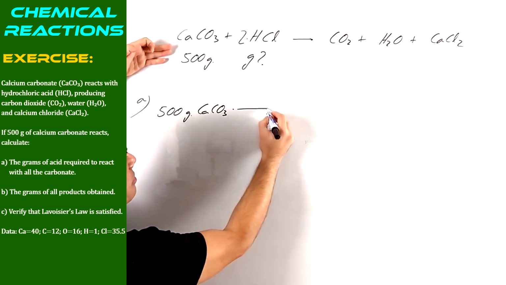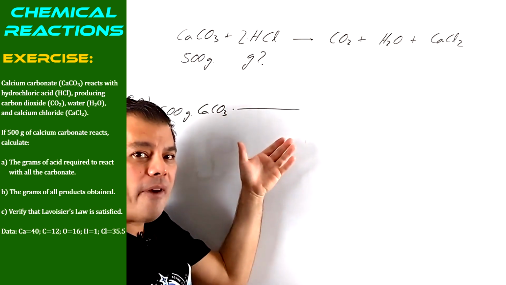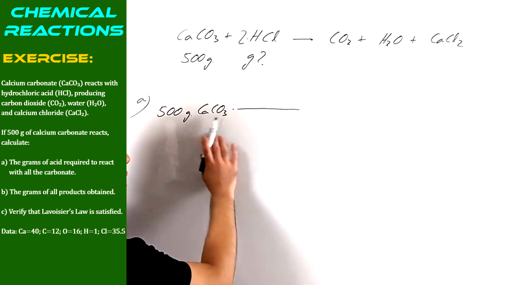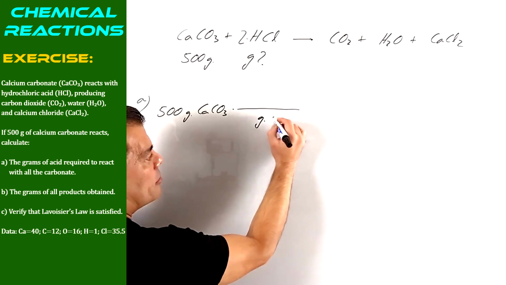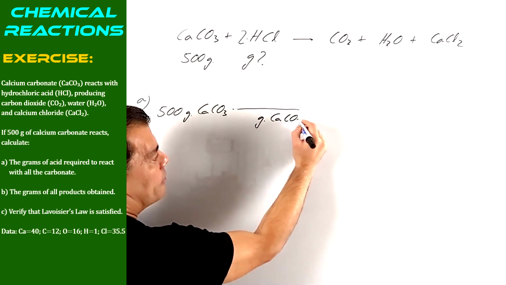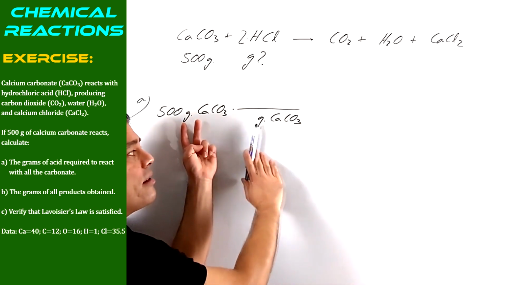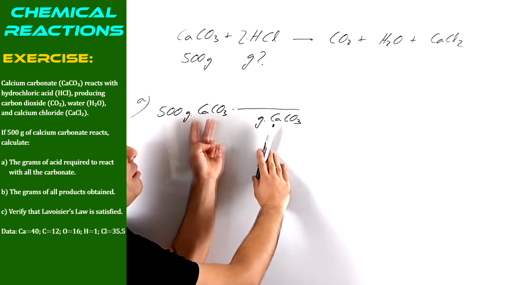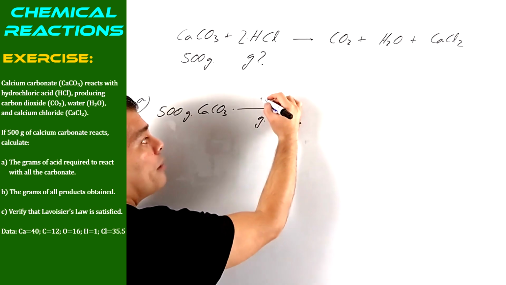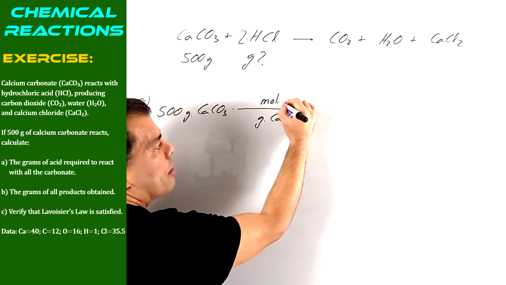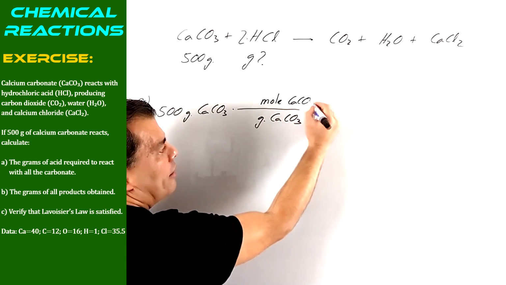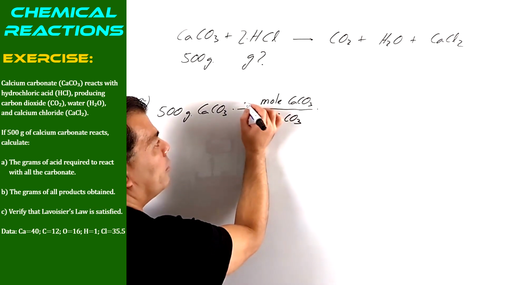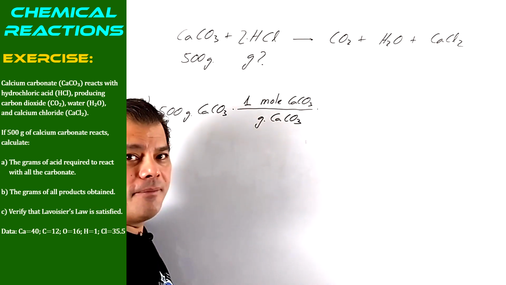And there comes the first conversion factor. What does it serve for? It will help us to change from grams of calcium carbonate. That's why we're placing grams here in the denominator in order to kill this other one and move into moles of calcium carbonate. And I tell you that only 1 mole will be enough.